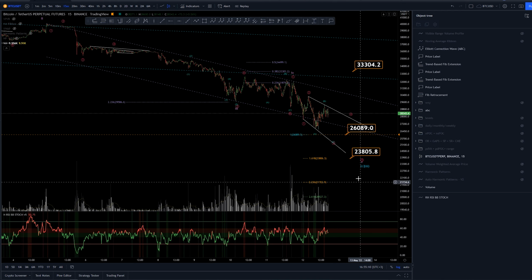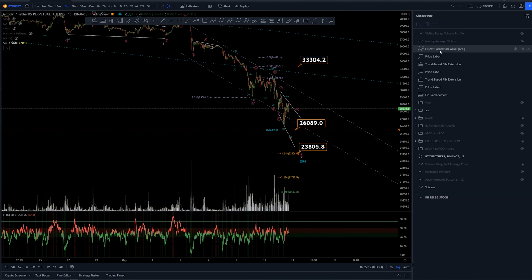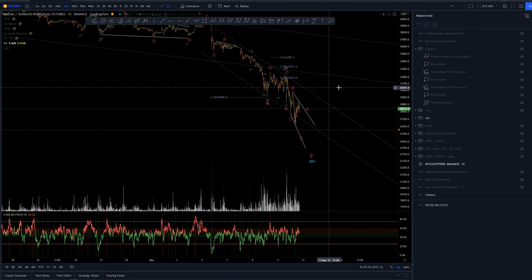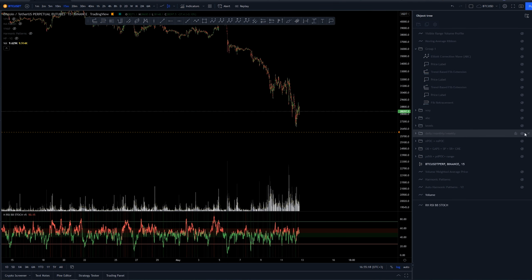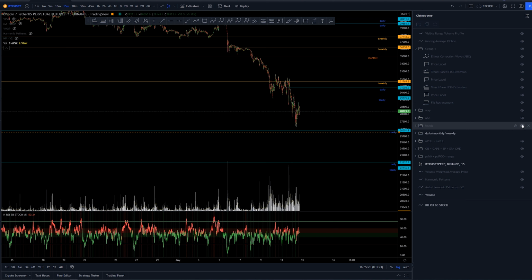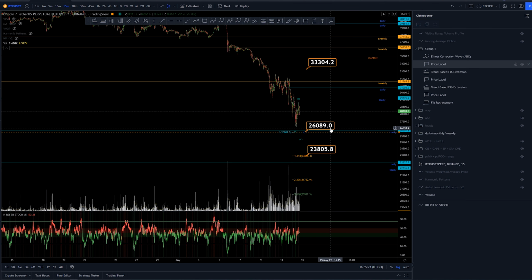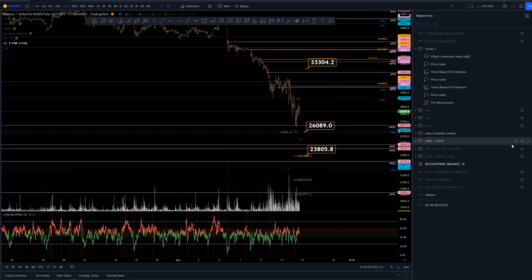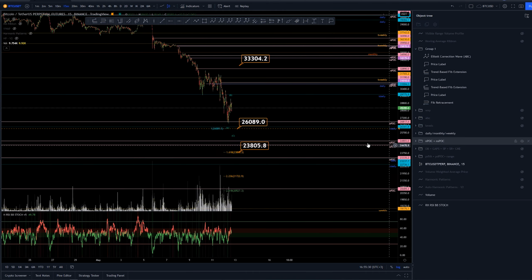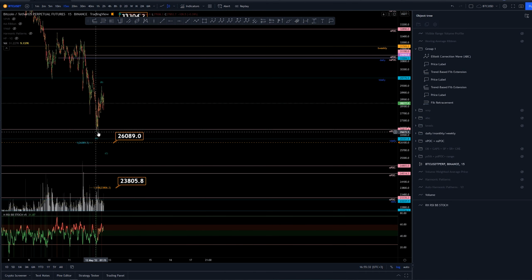Now, some more interesting levels. Let's get those out of the way. I'll clean this up later, just hide it for now. Actually, let's just check. There's even a daily that's tapped already, so it doesn't really matter. Naked point of control is the area where we bounced off of.